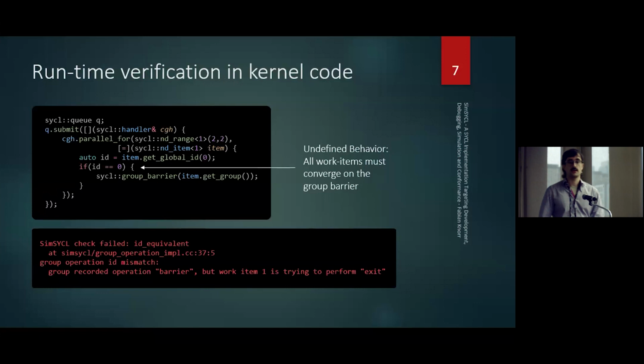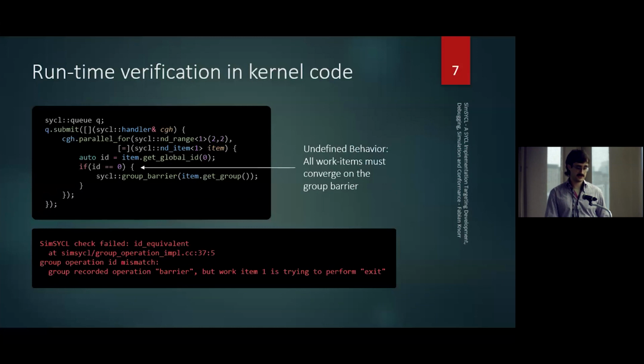To go a bit deeper into the runtime verification that we're doing in kernel code, this is an example of an incorrect SYCL program when it comes to group operations. As you can see, there's an ND range kernel being launched, and then the kernel performs a group operation on the work group, but only for a single work item.